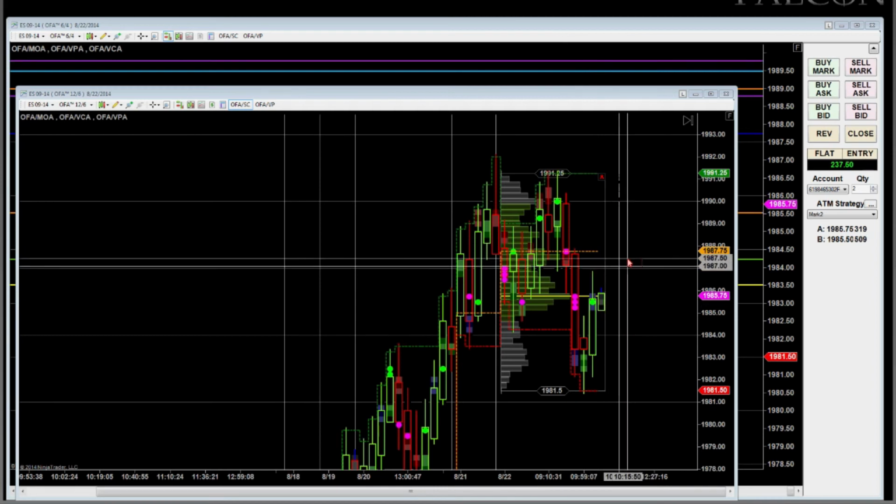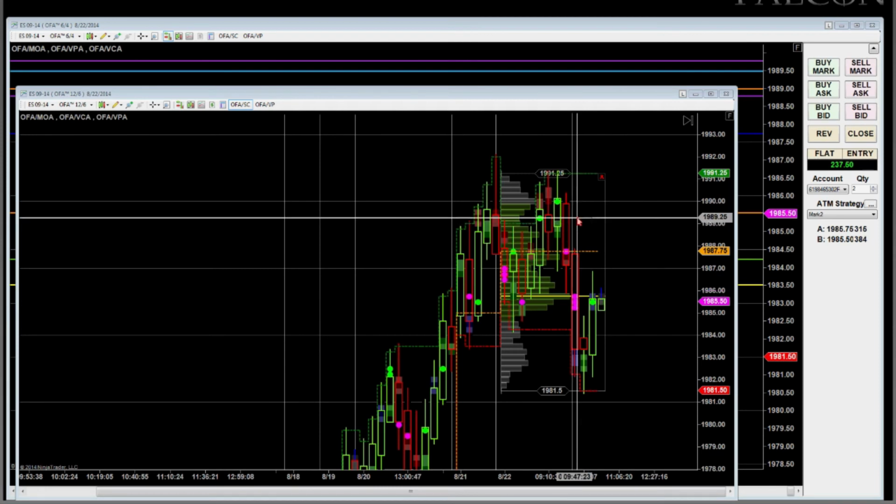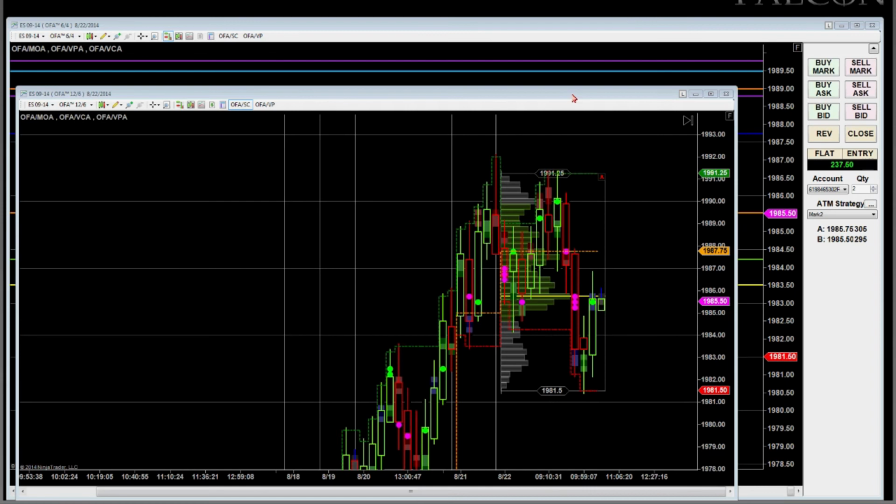But if it gets through there, it's likely coming to 87.50 and possibly a test back up to 89, 89 quarter. Didn't see that.